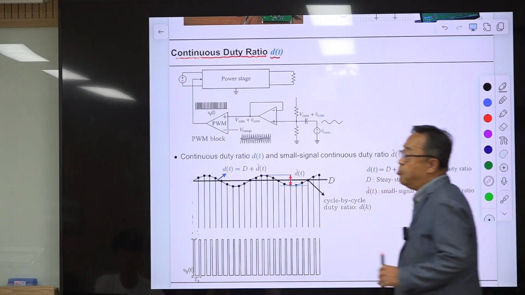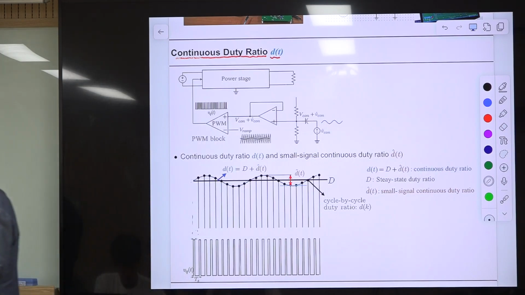And for the formal definition, we assign the number 1 when this q(t) is 1, when this voltage is high, and when this voltage is low, we assign 0. This is called the switching function. Then you can perform mathematical operations on this.